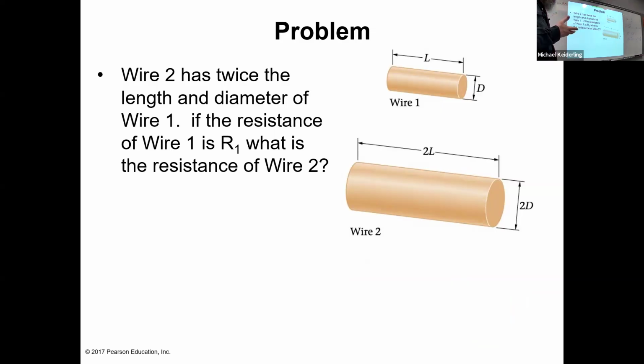So wire 1 is length L and diameter D. Wire 2 is length 2L and diameter 2D. What will the resistance of wire 2 be in terms of R1?